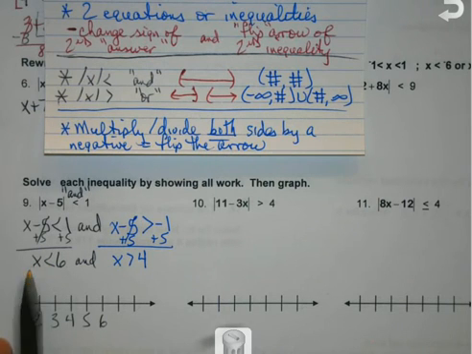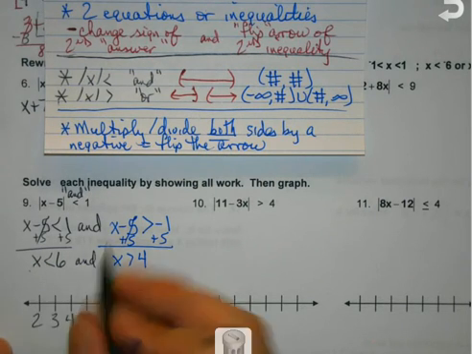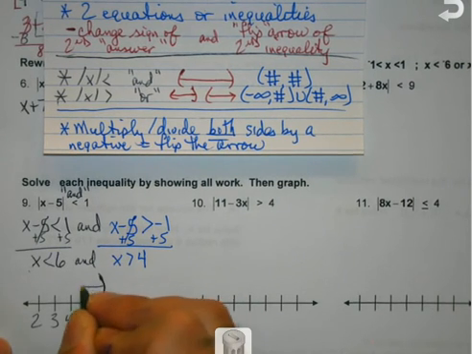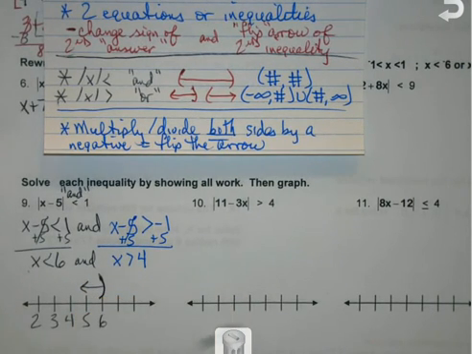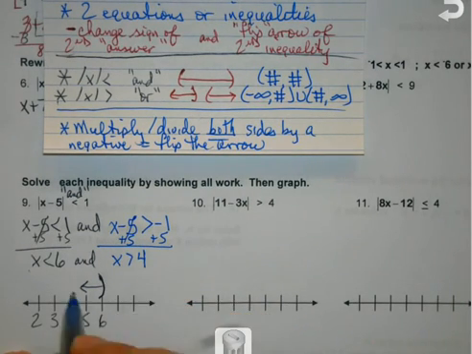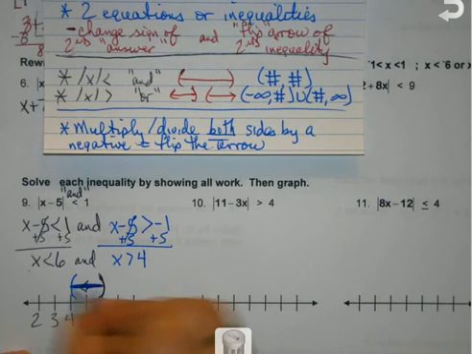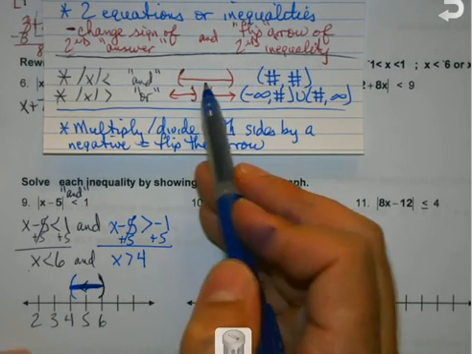It's like talking down to it, x, you are less than I am. Less than 6 means we're going left. With a parenthesis, because it's not or equal to. And then with the other side, x is greater than 4. Okay, x is bigger than 4. It's getting larger. So that would go to the right. And they come together, just like we thought they would.